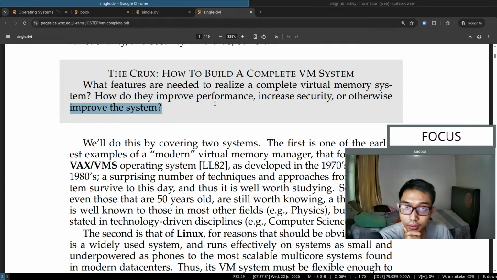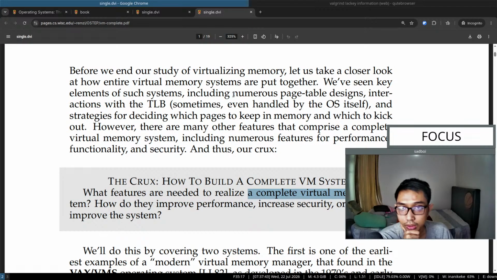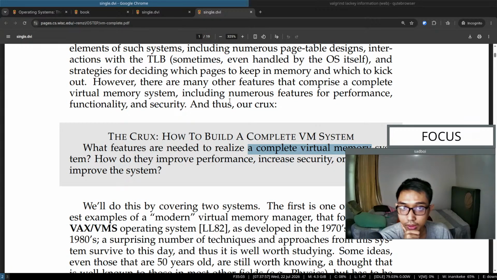Okay. A complete virtual memory system. I see. So previously we were only taking a look at a small part of the virtual memory system, not a complete one. To make a complete virtual memory system, it looks like we need other features too.